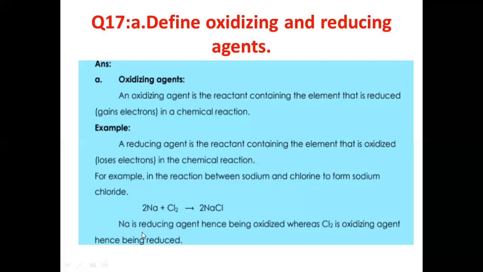So for example, you can quote the same for oxidizing and as well as for the reducing agents, because sodium gets oxidized and will act as a reducing agent, and chlorine got reduced and will act as an oxidizing agent. So a reducing agent is the reactant containing the element that is oxidized, loses electron in the chemical reaction. For example, in the reaction between sodium and chlorine to form sodium chloride.